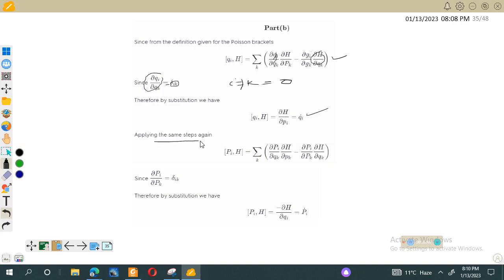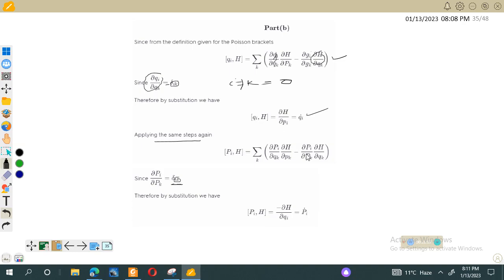And applying the same step again, pi and H is equal to the sum over k of partial pi over partial qk, partial H over partial pk, minus partial pi over partial pk, partial H over partial qk. Again we will use the fact that partial pi over partial pk is equal to delta ik. If i is equal to k, this is equal to 1. If i is not equal to k, this will be equal to 0.